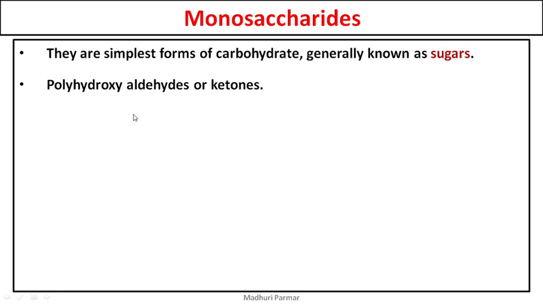What do you understand by this? Poly means many, hydroxy is the OH group, the alcohol group. So these monosaccharides or carbohydrates have many molecules of alcohol, polyhydroxy, many molecules of OH, along with aldehyde, CHO, or ketone. Clear? So this is what a carbohydrate basically is. It is a polyhydroxyaldehyde or ketone.